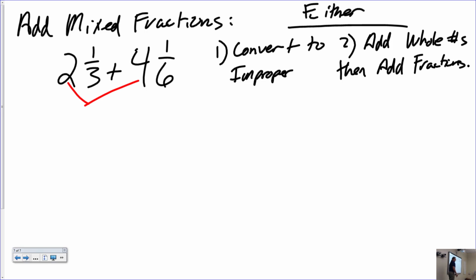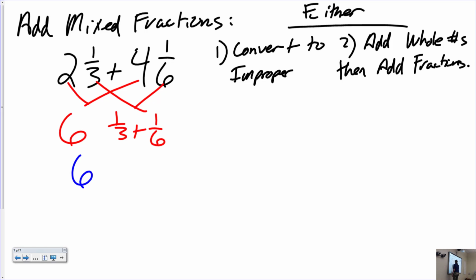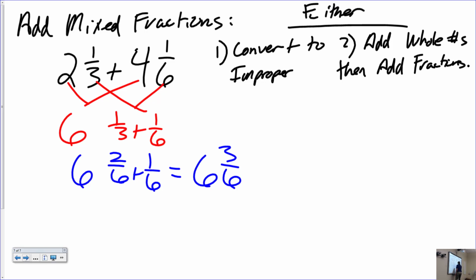What is 4 plus 2? What is 1/3 plus 1/6? Again, what's 2/6 plus 1/6? 6 and 3/6, and what will you tell me that is? 6 1/2.